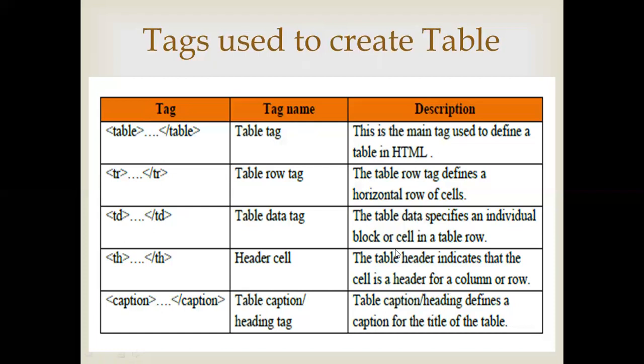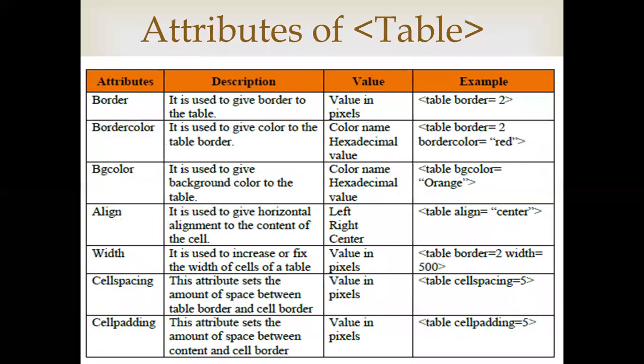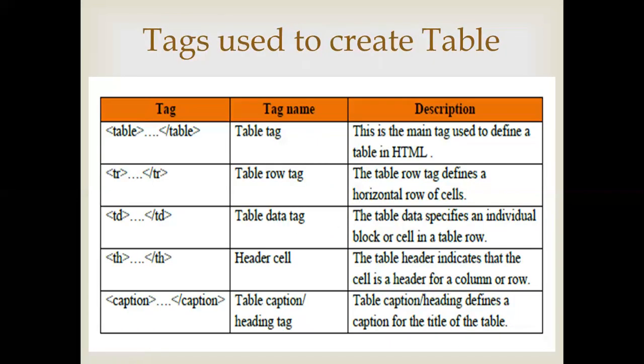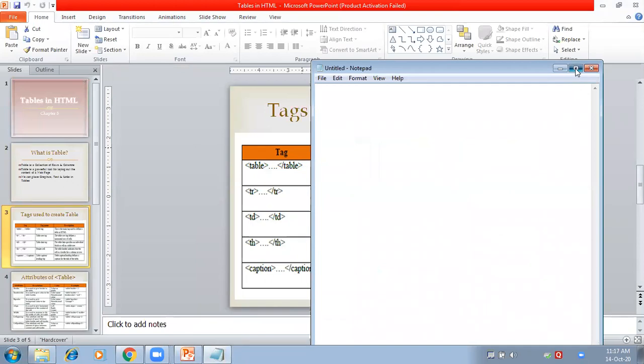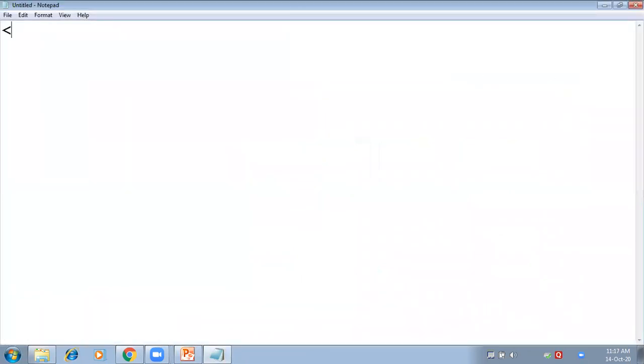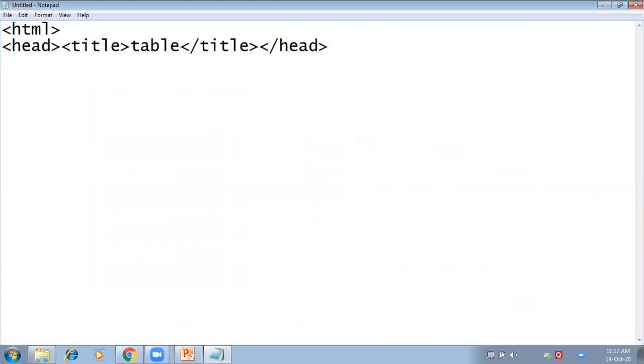Now first let us create a simple table without using any attribute. These are the attributes of table tag, but without using these attributes, first we will create a simple table. Let us understand how to create a simple table. HTML, head, title, table, close title, close head, body.